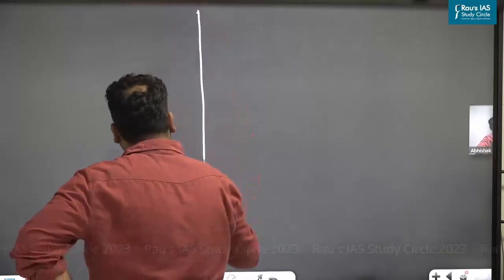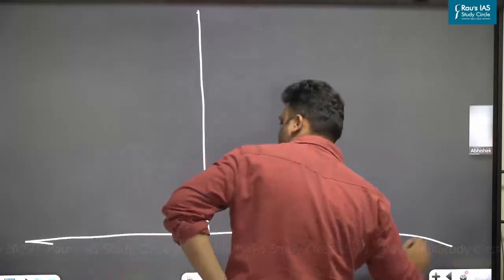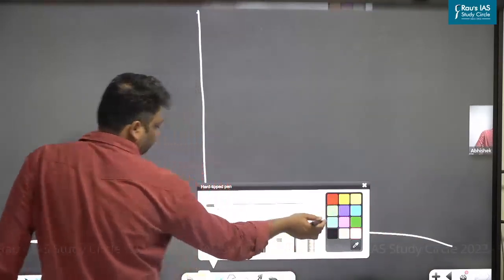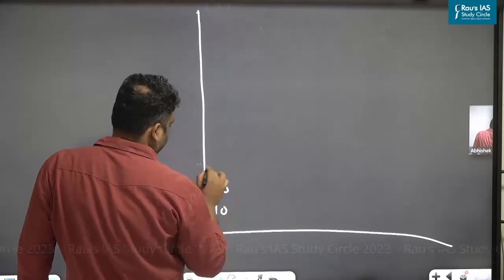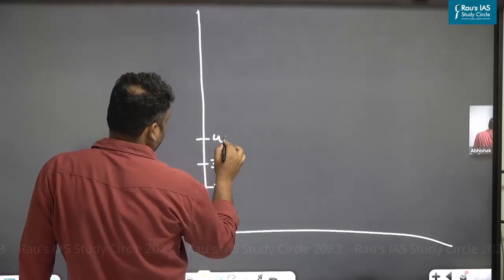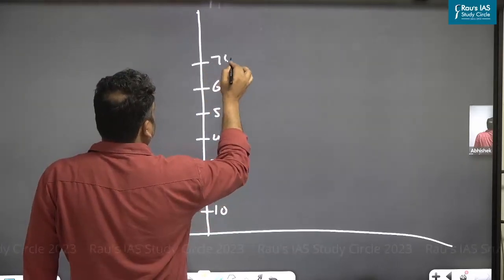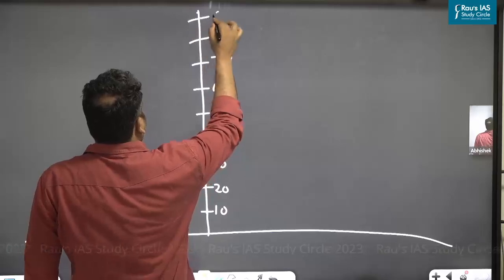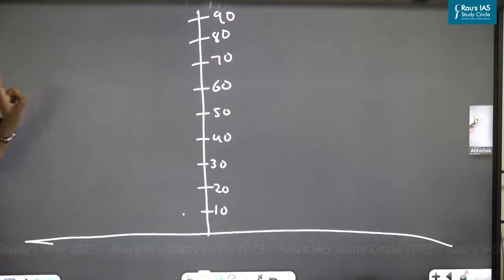Now let's draw the population pyramid. I'm drawing till 90 here because more and more people will be surviving, will not be dying that easily.